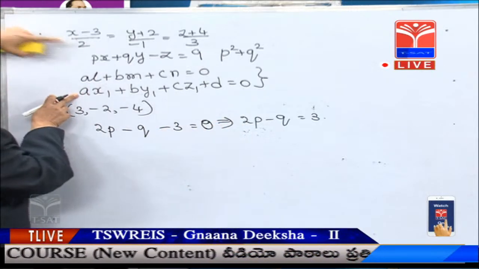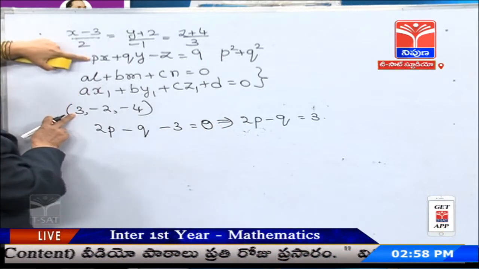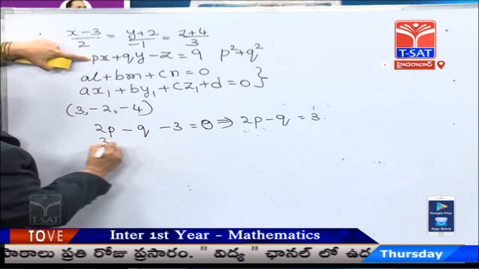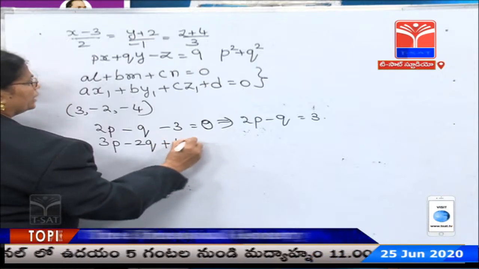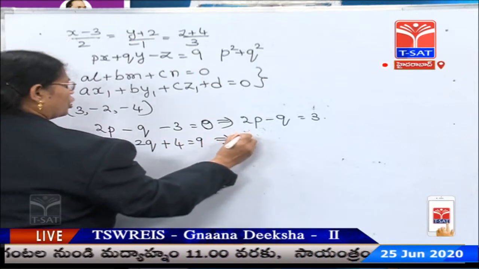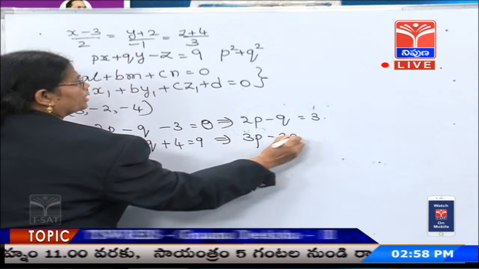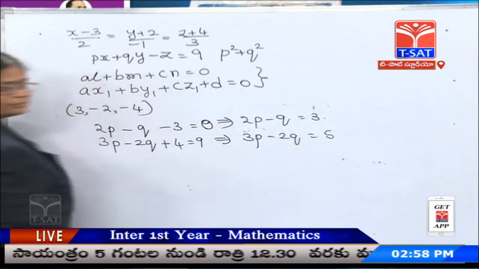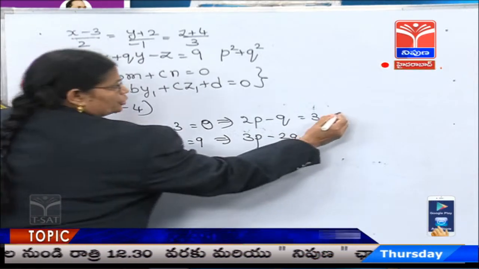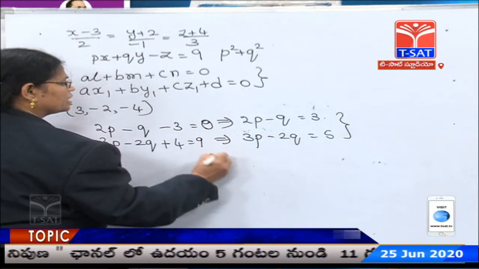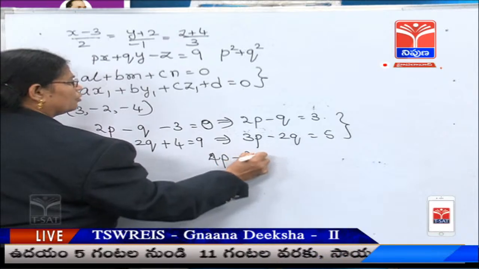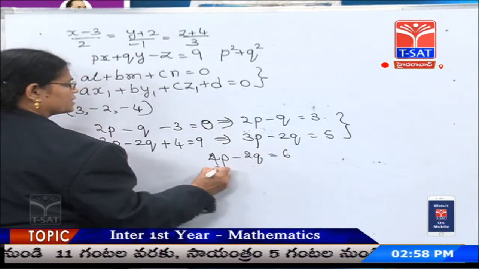Second condition, you have to substitute this point in the plane equation. So, 3p minus 2q plus 4 equal to 9, or you get this as 3p minus 2q equal to 5. We have to solve these two equations to get p and q. If I multiply the first equation with 2, 4p minus 2q is 6.